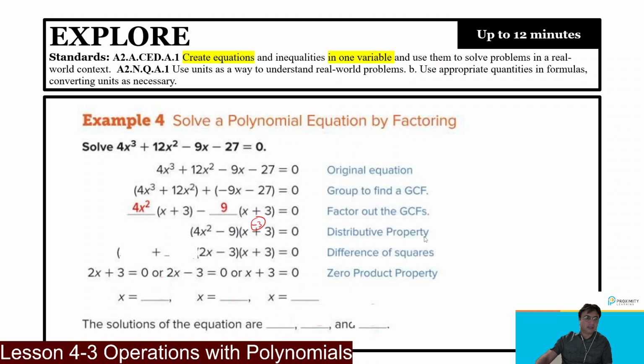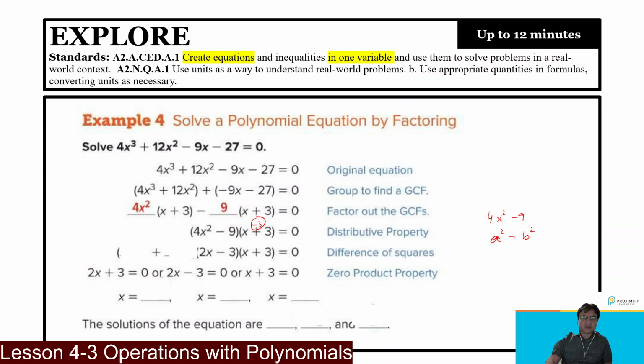Alright, so let's see. What we can see here is that 4 is a perfect square, x squared is a perfect square, 9 is a perfect square. So 4x squared minus 9 is like saying a squared minus b squared.